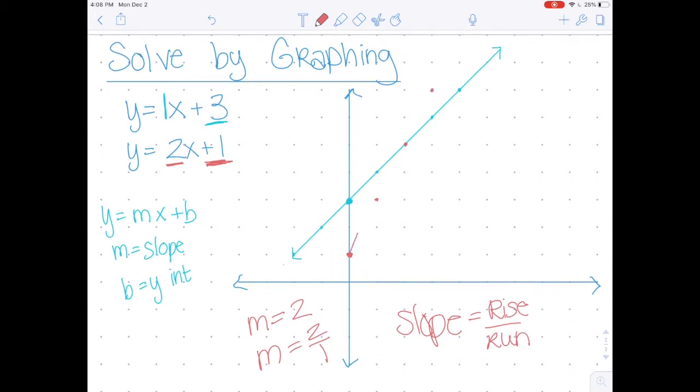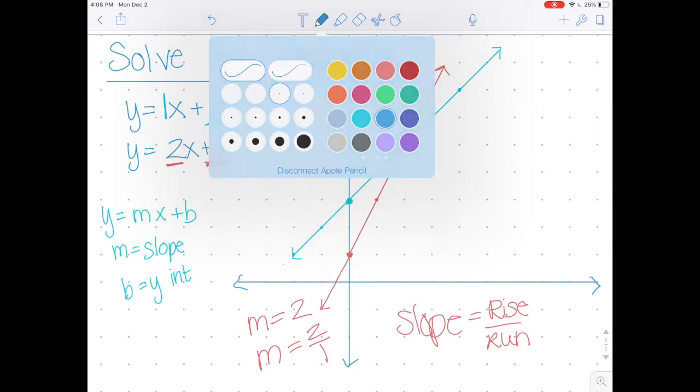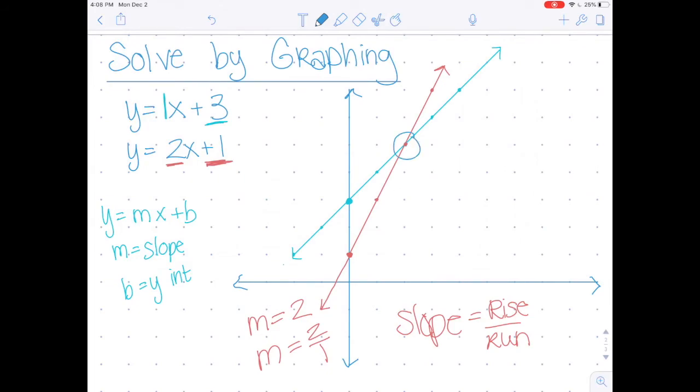If we draw this line, these two lines cross at a single point right here in the middle. That is the solution. So that point right there is 1, 2, and it goes up 1, 2, 3, 4, 5.